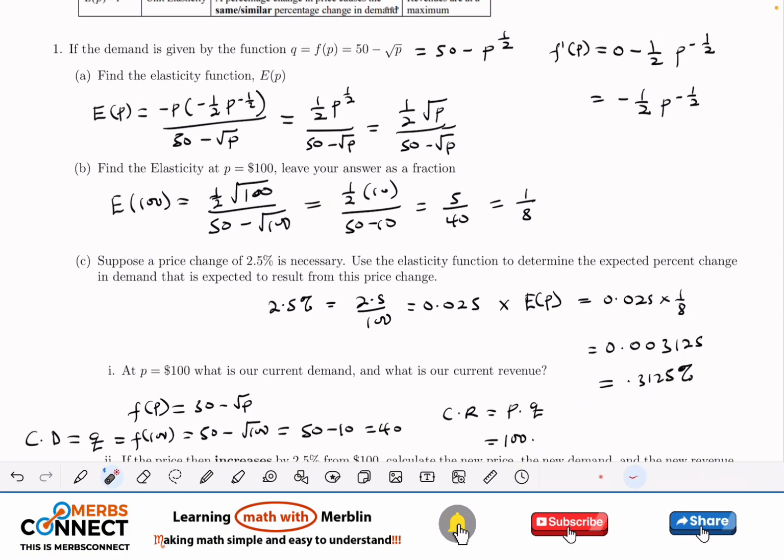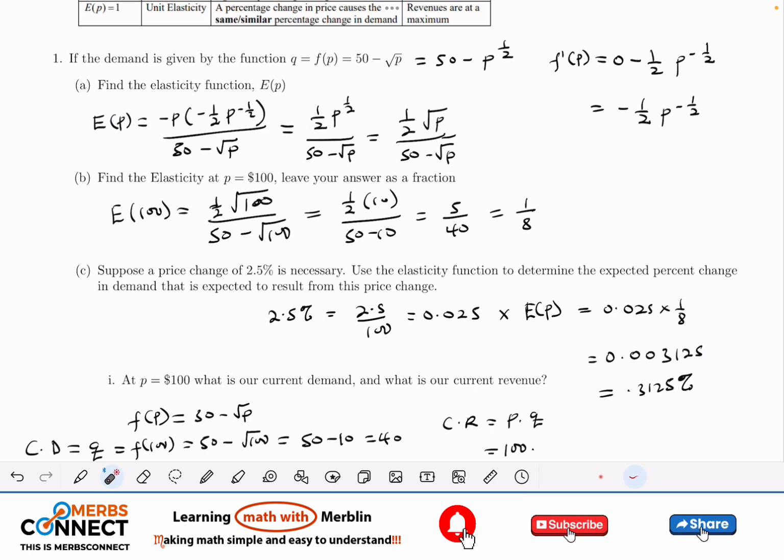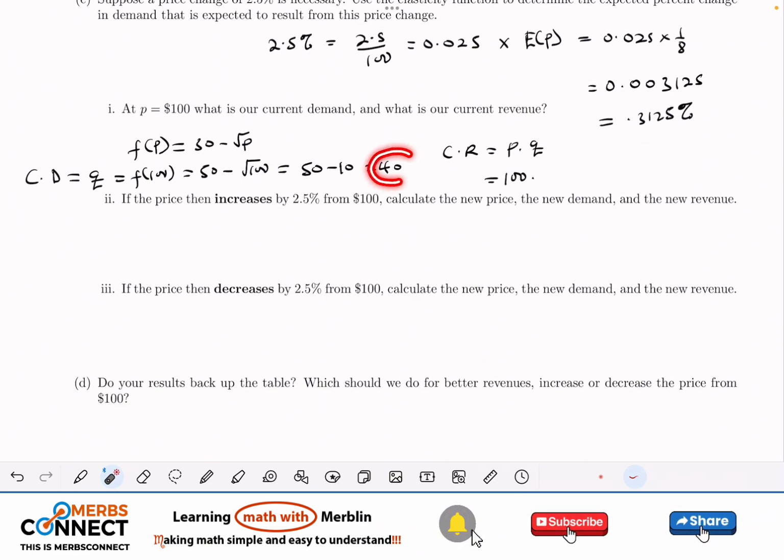The quantity Q is this, but we need to fix in the P, which we've done, and we had 40. So I just need to multiply by 40 because I had my Q to be equal to 40. And this is going to give us 4,000. So this is the current demand and this is the current revenue.